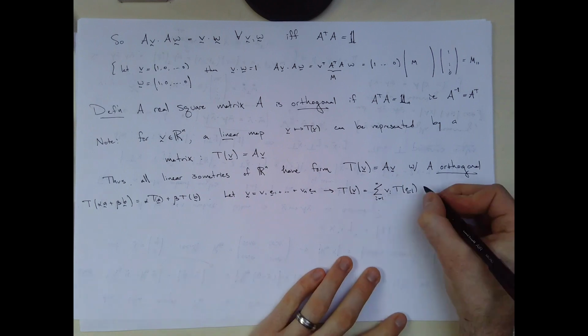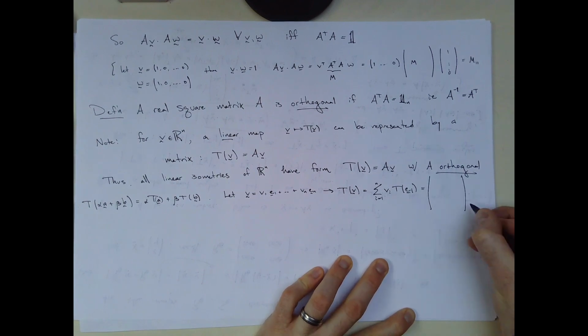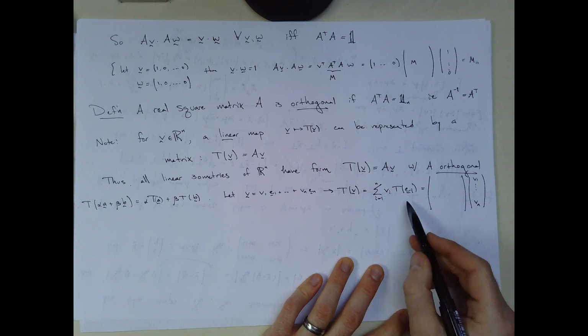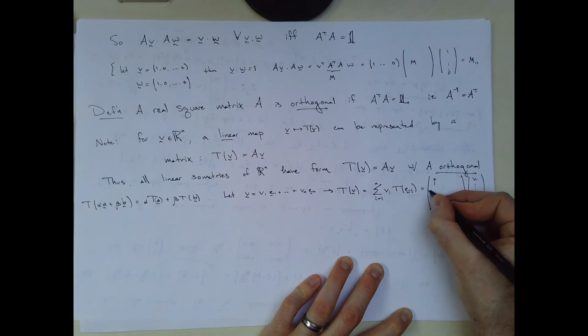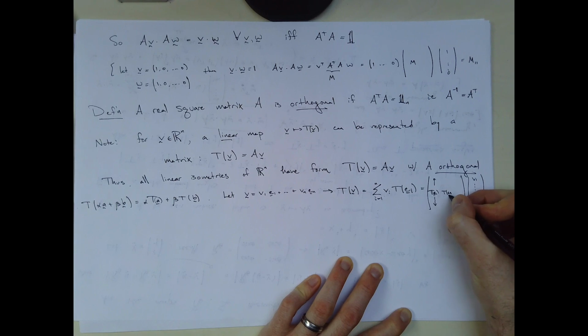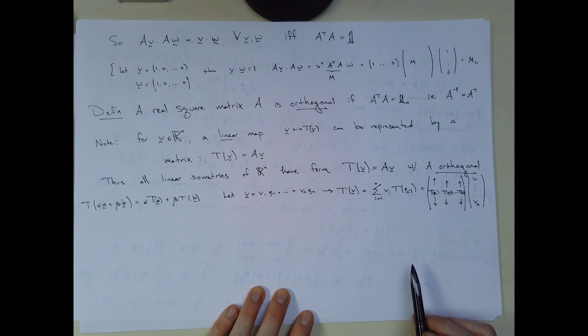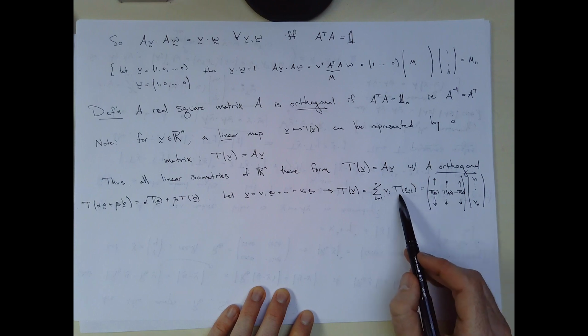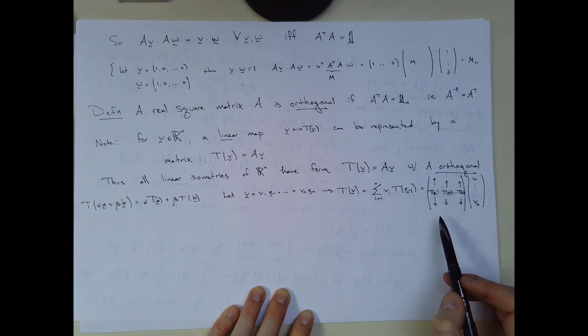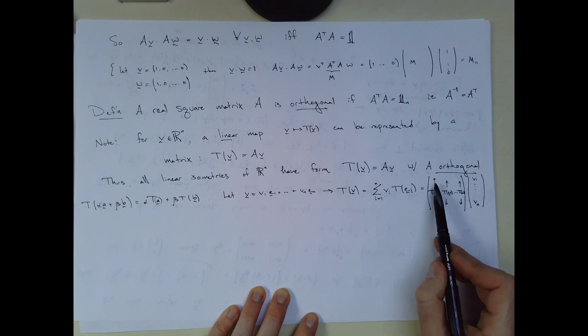And that is equivalent to taking the matrix made of column vectors TE1, TE2, and so on, TEN, times vector V. Right, so whatever T does to those basis vectors, I put those in the columns of the matrix, and you can sort of imagine this working.